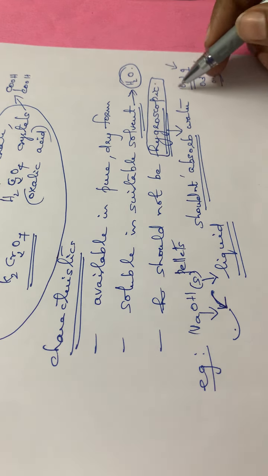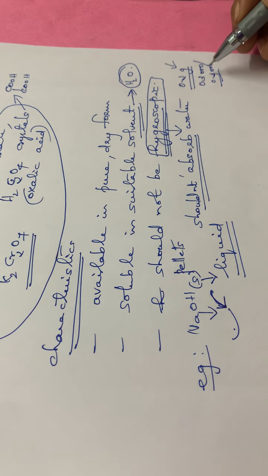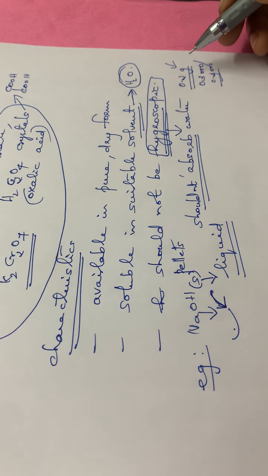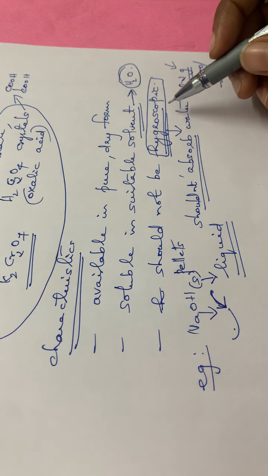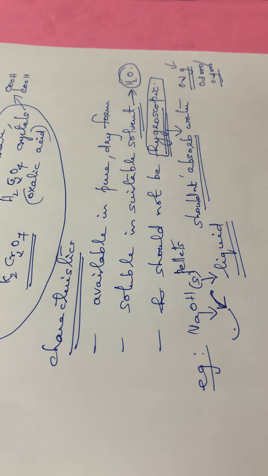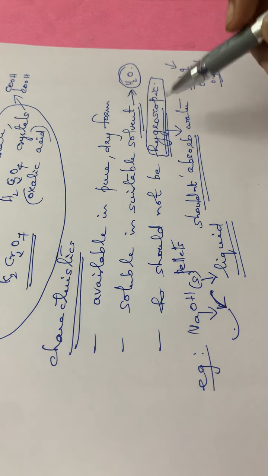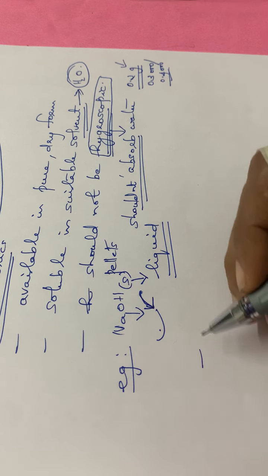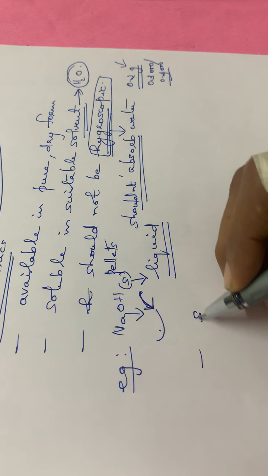So the actual weight of the substance changes, and the substance is converted to liquid. Such substances we cannot use in our lab as a primary standard. So substances which are hygroscopic should not be used as a primary standard. That is an important point. Then the next point is that it should not be oxidized by air.